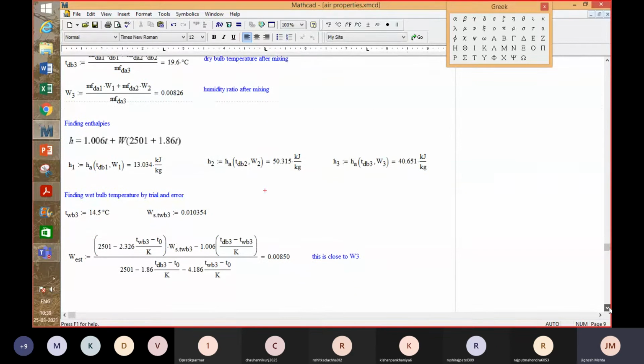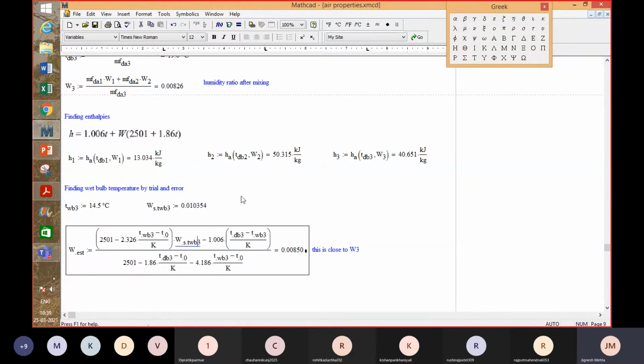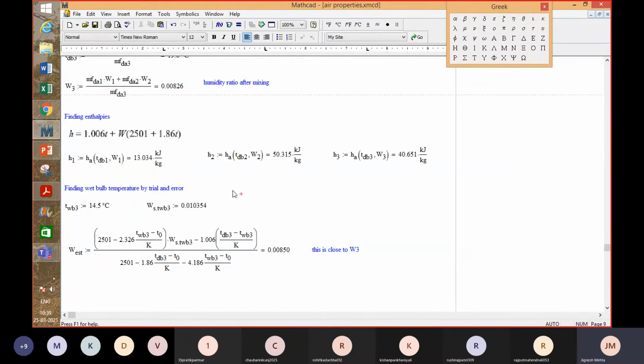So the wet bulb temperature, as we could see, was around 14.5 degrees Celsius, and that could have been done by trial and error method using the formula also. So the same formula which is used for getting the value of W with the help of dry bulb and wet bulb temperature, but here the wet bulb temperature is not known.